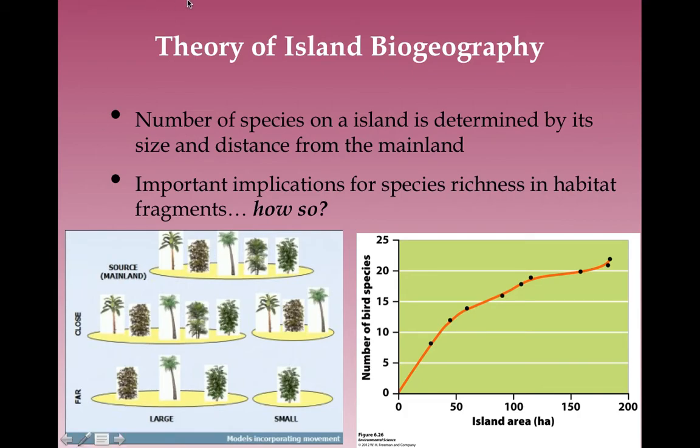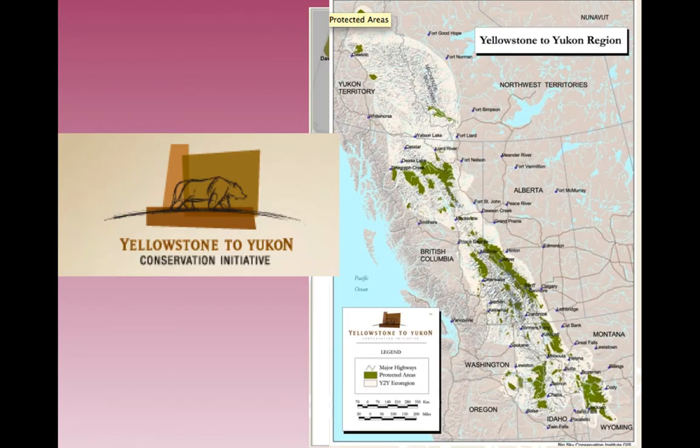So what's interesting about this is the implications for this idea that started with literal islands, when looking at habitat fragments, so theoretical islands in a mainland area. These are thought of as habitat islands or forest fragments that are islands within a greater matrix of ecosystems.